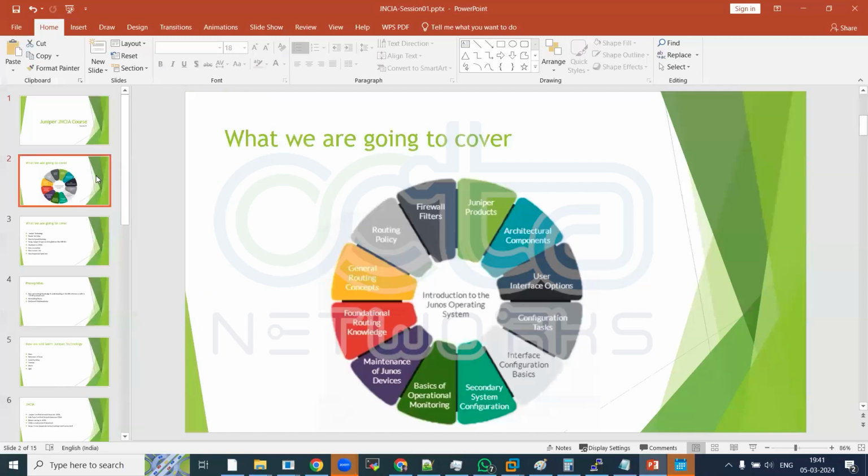These are the points that we are going to cover: Juniper architecture, products, user interface, configuration tasks, maintenance of the device, then routing policy. That doesn't make sense at this stage; when we go deeper, it will be helpful. It is at the beginner level.